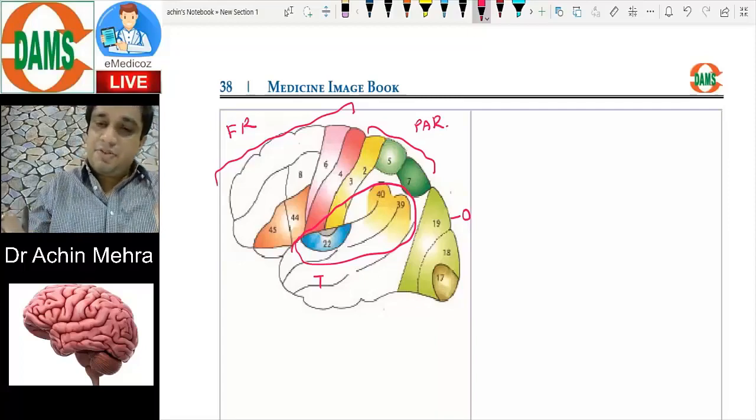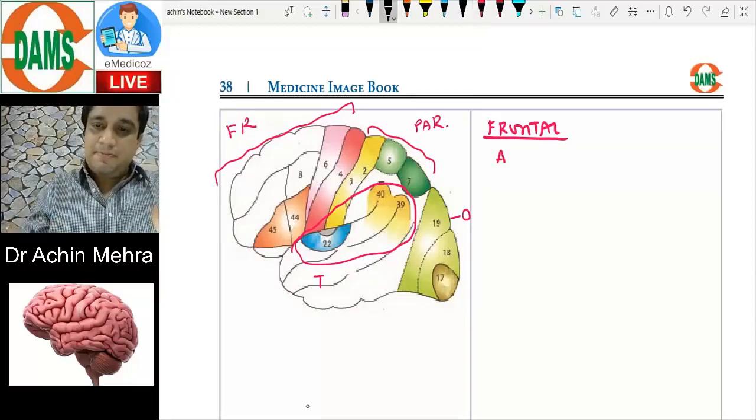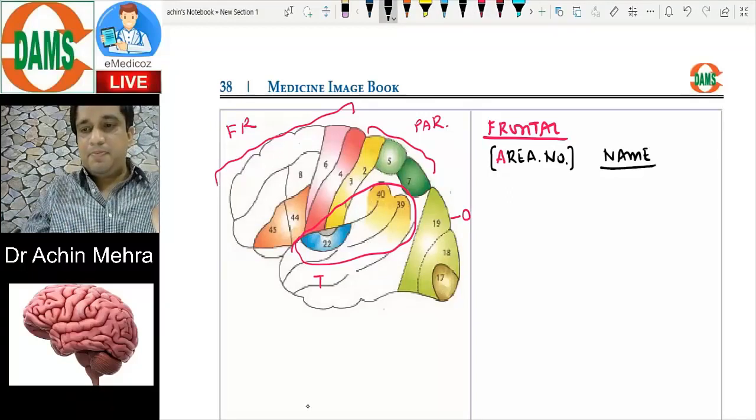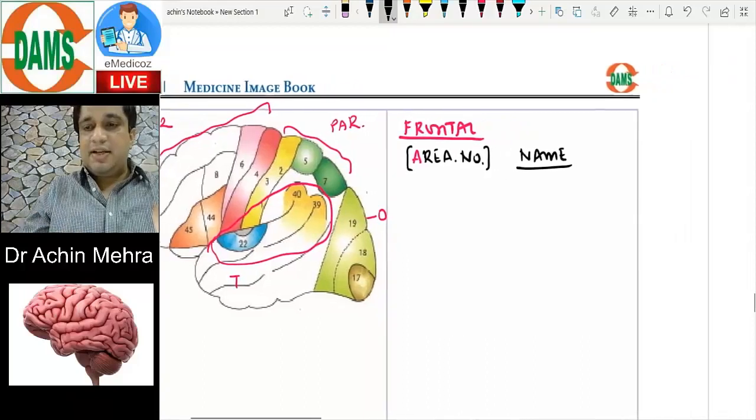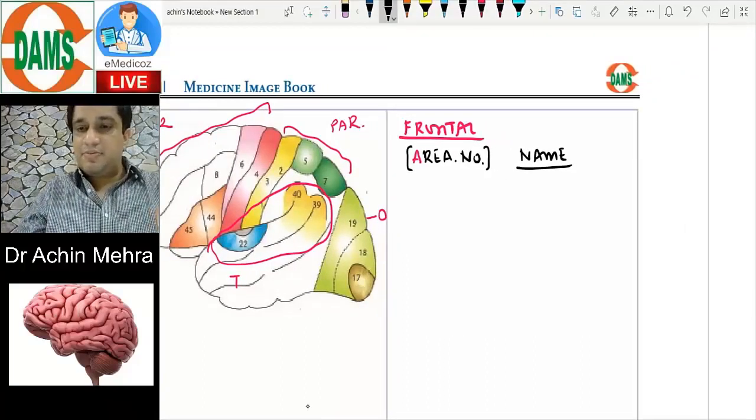Let me start with the frontal lobe first. Frontal cortex of the frontal lobe. Now like this, area number, and its particular name, and if at all there was a lesion at this particular zone, what could be a particular deficit.